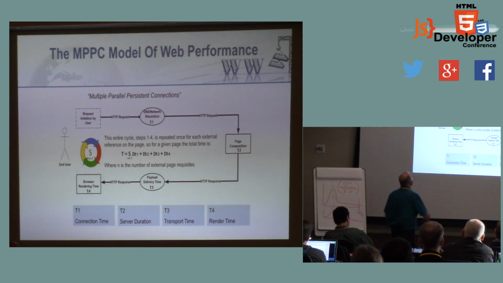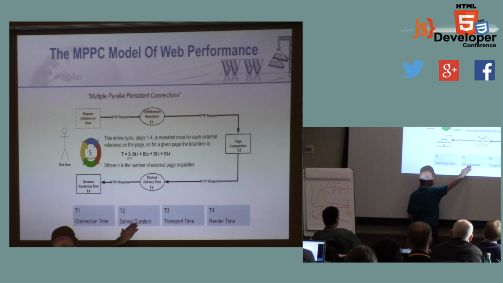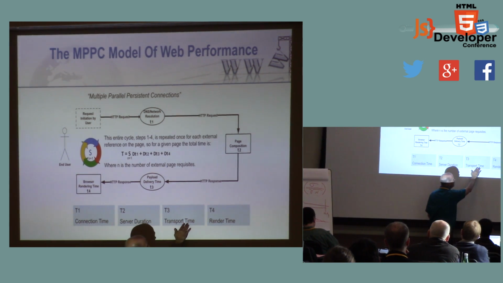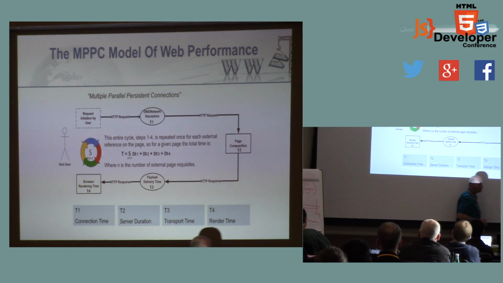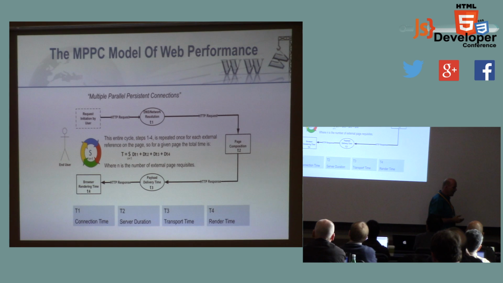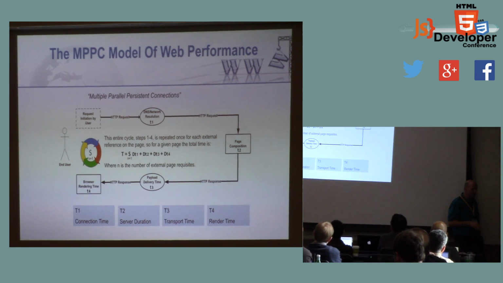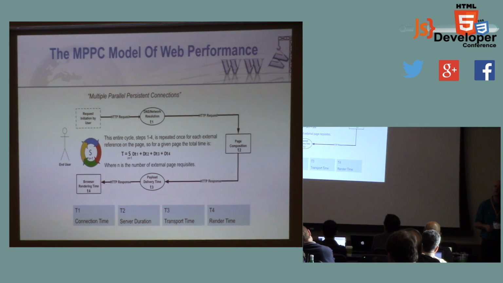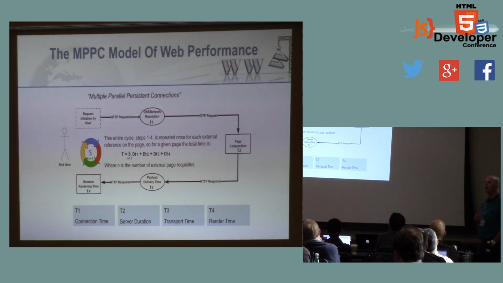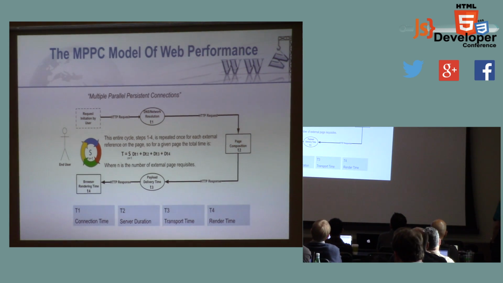T1 is the connection time, T2 is the server duration, T3 is the transport time, and T4 is the rendering time. We'll get into a little detail about that because there are some more things that happen there, not just rendering. So I divide my end-to-end into 4 time sequences, and then I find out how much time I spend in each bucket, as a proportion of the overall end-to-end, and then I go fix those problems first.